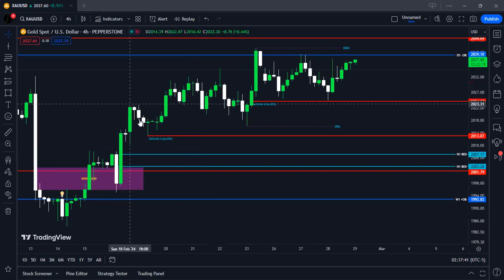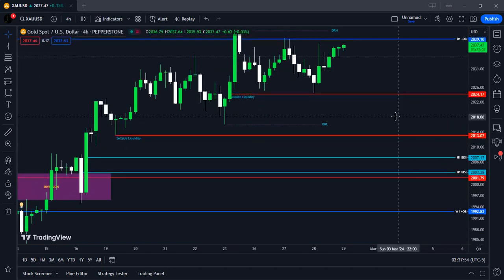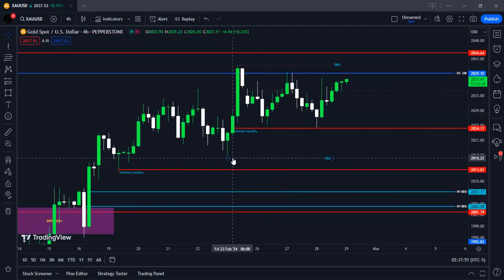Higher low, higher high, higher low, a market structure break right here. Then this is a higher high. So currently we're in this bullish dealing range between this higher low and this higher high.